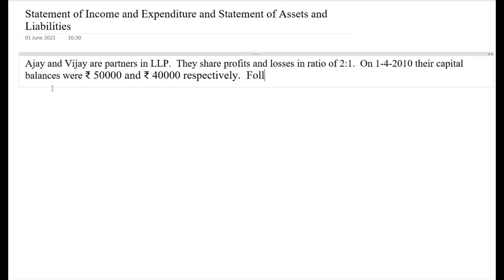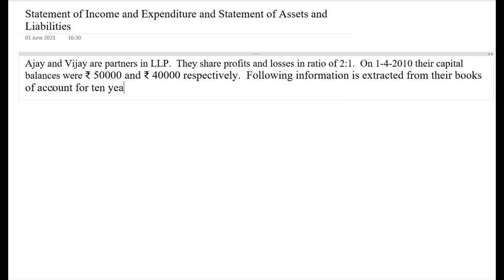Following information is extracted from their books of accounts for the year ending 31/3/2011. So let me insert two columns here.